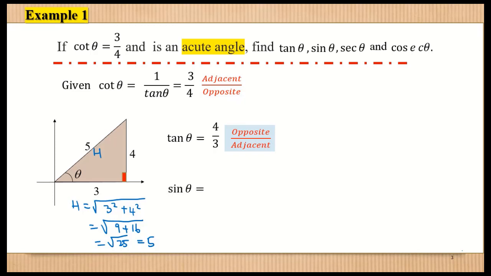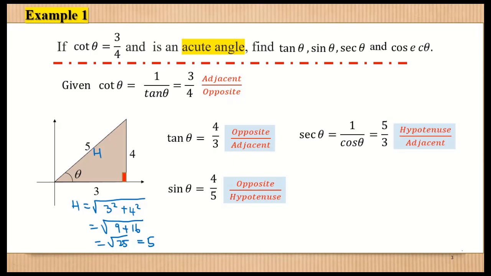Sine theta is 4 over 5, which is opposite over hypotenuse. Secant theta is 1 over cosine theta, which is 5 over 3, hypotenuse over adjacent, and finally cosecant theta is 1 over sine theta, which is equal to 5 over 4, hypotenuse over opposite.